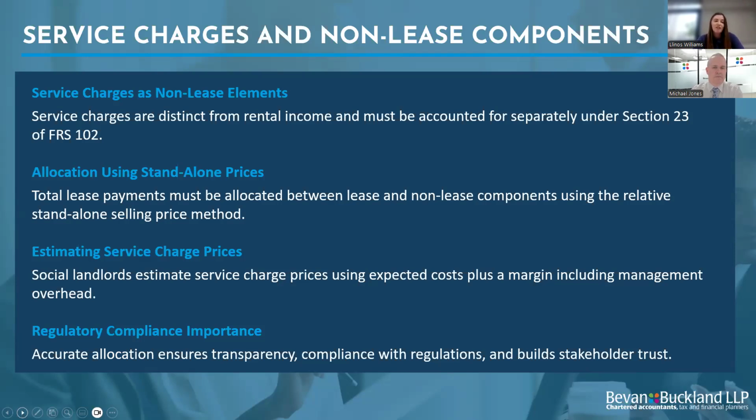For service charges, this price is rarely observable, as social landlords do not typically sell communal cleaning to third parties. Therefore, the SORP instructs landlords to use expected cost plus a margin. This ensures charges reflect forecast costs for delivering the services, reasonable management, or overhead recovery. This method improves transparency and fairness, especially under increased scrutiny of service charge accuracy.